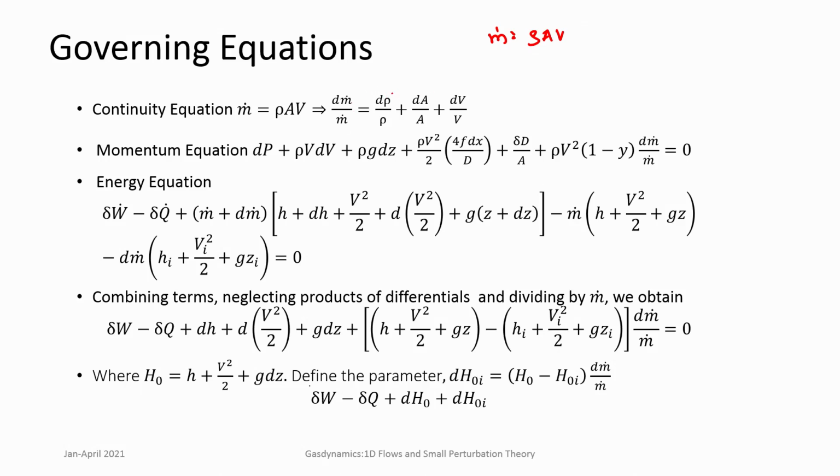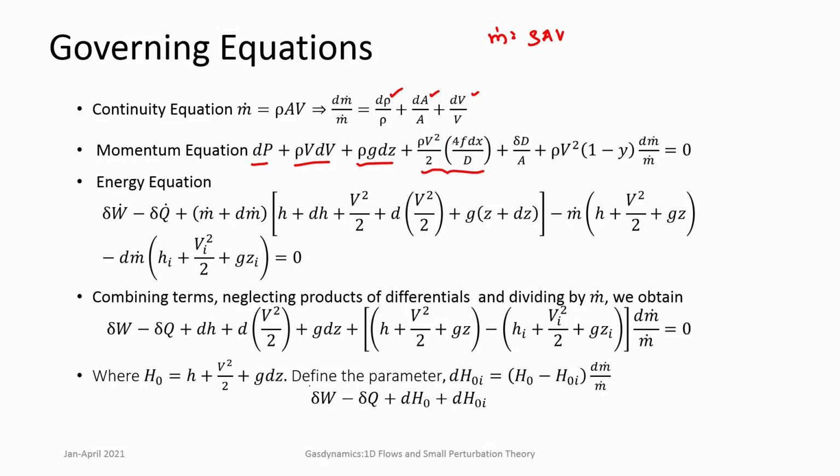So you have dm dot by m dot is d rho by rho plus dA by A plus dV by V. Now, momentum equation you can consider, you have all the various parameters: dP, rho v dV is the momentum flux, and then the body force term rho g dz, then the frictional force term rho v square by 2 times 4f dx by D.